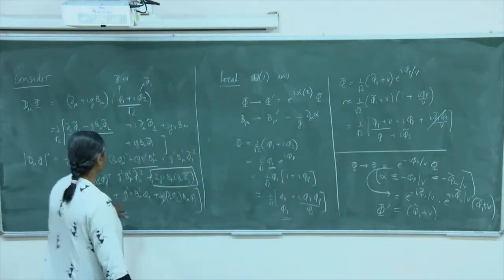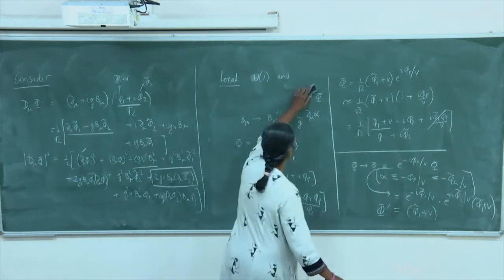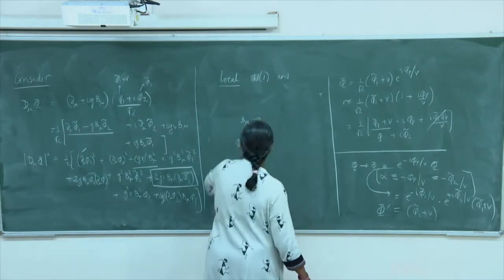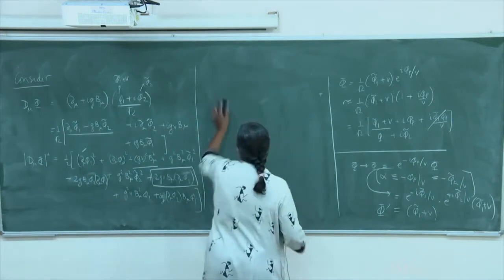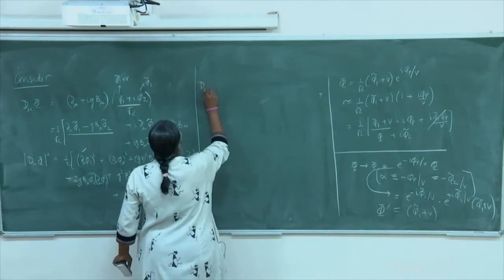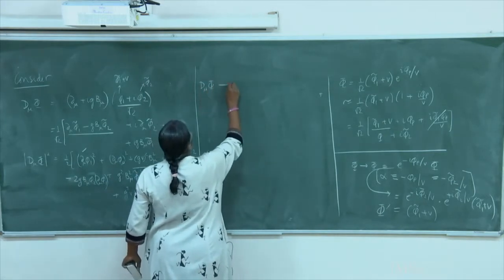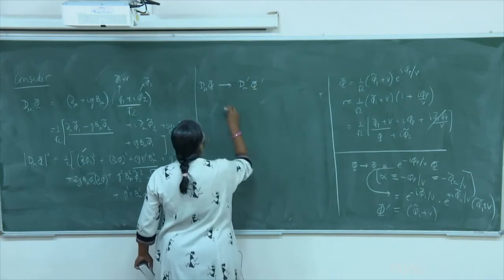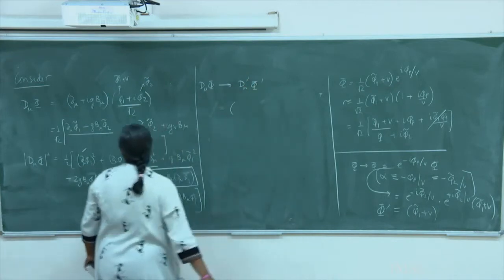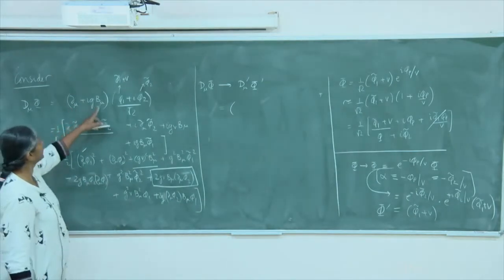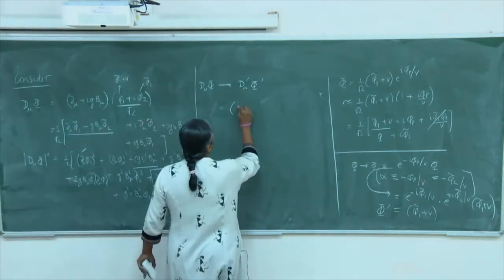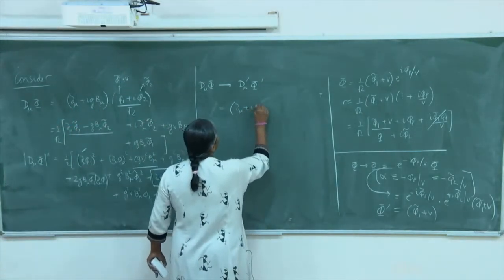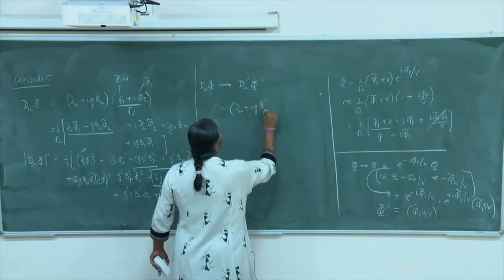Now I go back to this term. So what do I want to do? I want to write d mu phi therefore goes to d mu prime of phi prime. What is d mu prime? D mu was d mu plus i g b mu. So this will be d mu plus i g b mu prime.